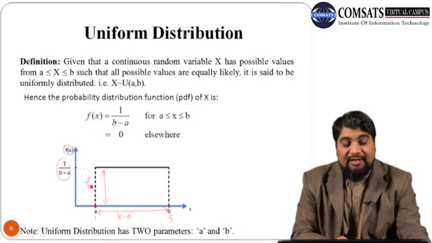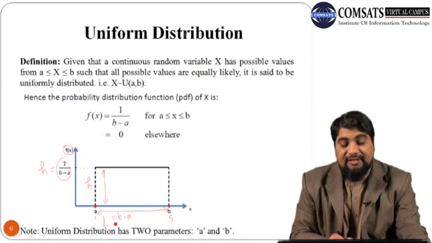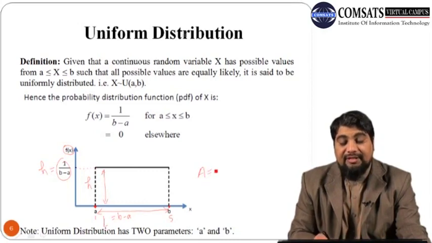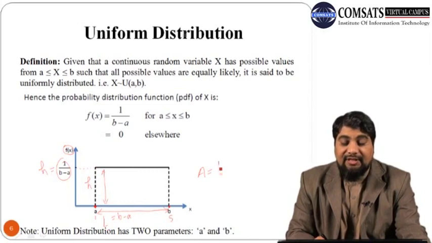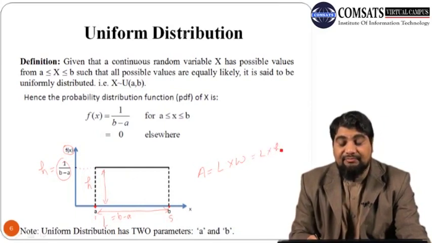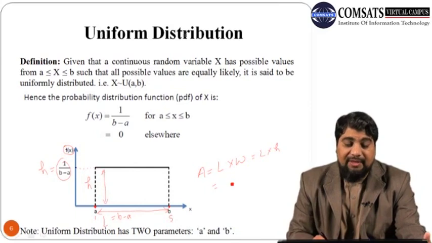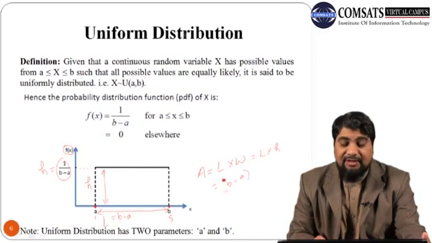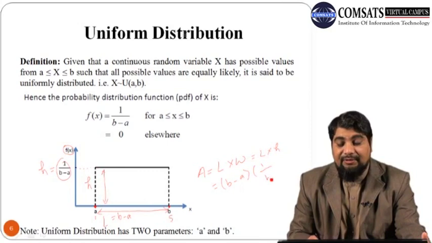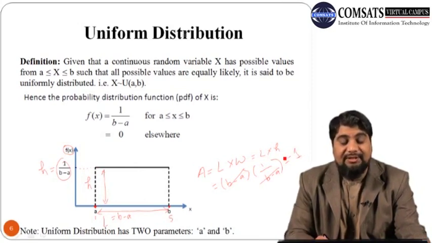If we calculate the area of the rectangle, area is length times width, or length times height in this case. Length is b minus a and height is 1 over b minus a. So b minus a cancels with b minus a, so the total area of this uniform distribution is equal to 1.